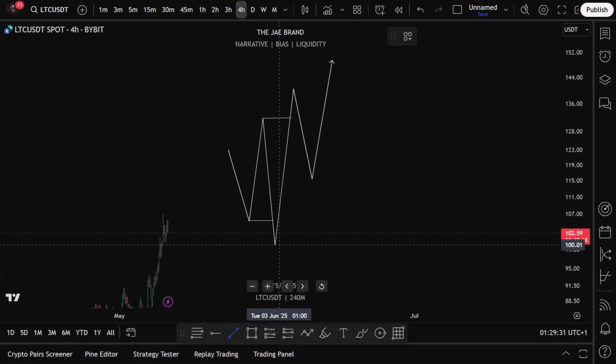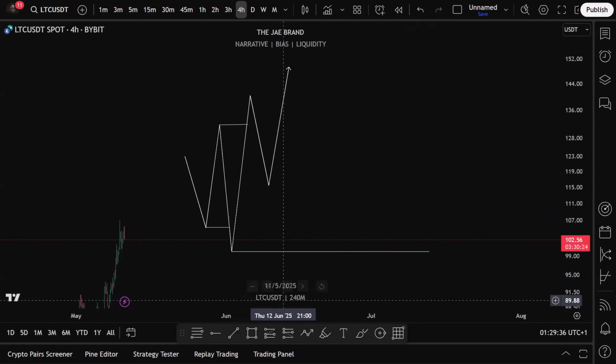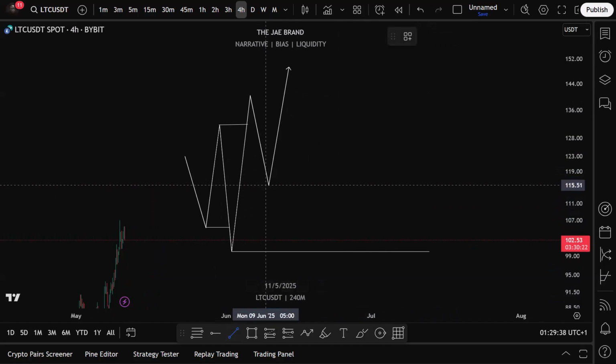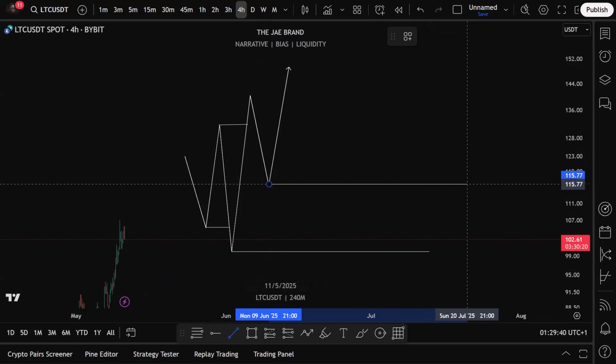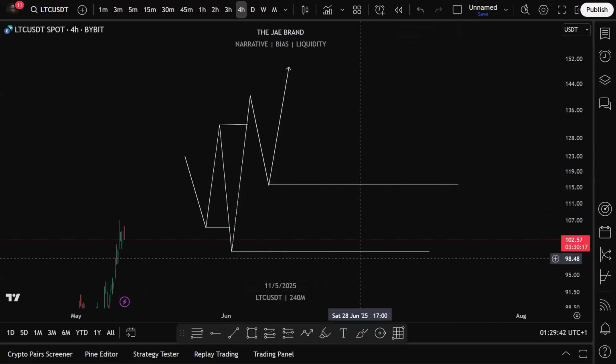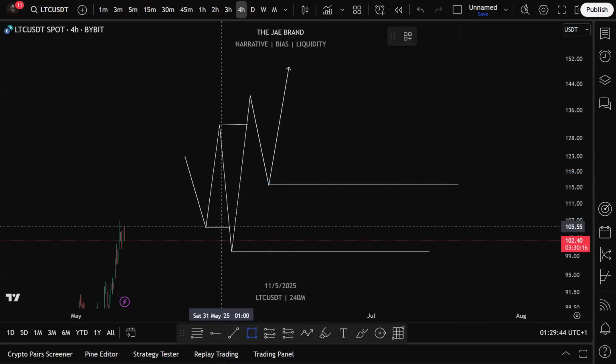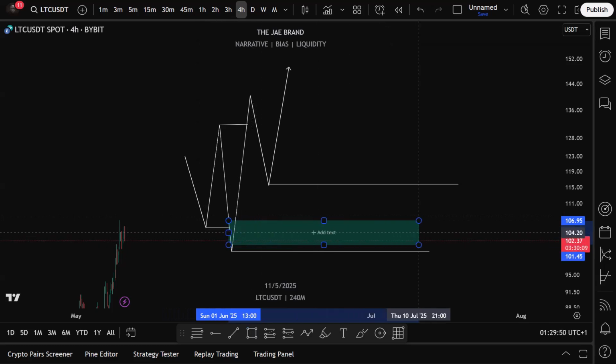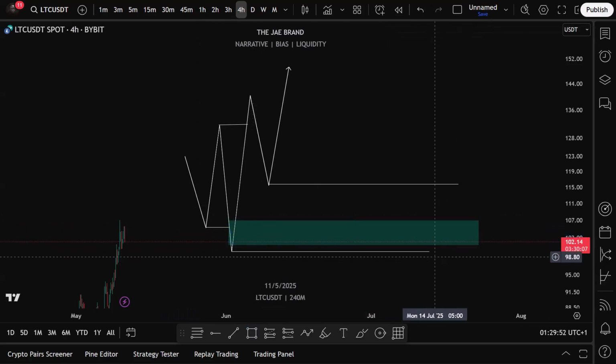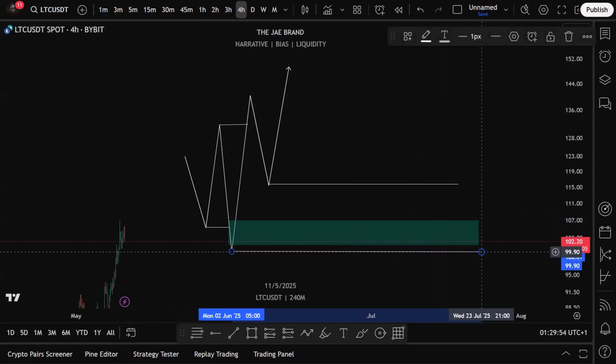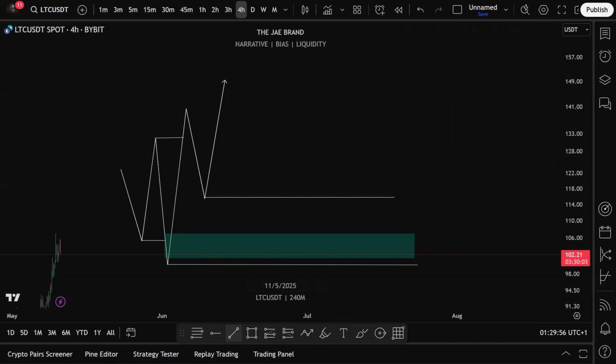Then we want to have this low as our protected zone, and then we have our structural liquidity. We want to have our POI, either a QM or other block, within this region. And this is our target.